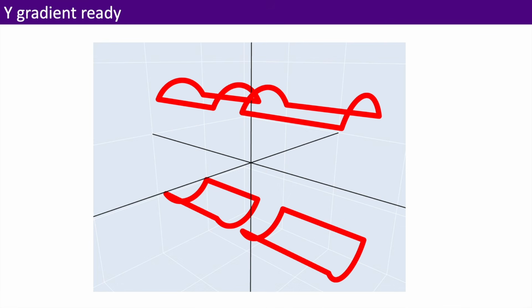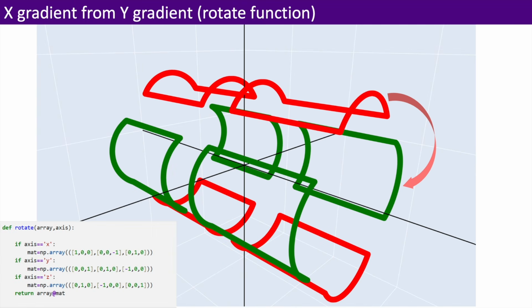And from the symmetry, we can note that once we have the Y gradient, it will be really easy to have the X gradient. We just need to do a 90-degree clockwise rotation. So that's why we define a function rotate. And again, from linear algebra, we have the rotation matrices for different axes, so for x, y, and z.